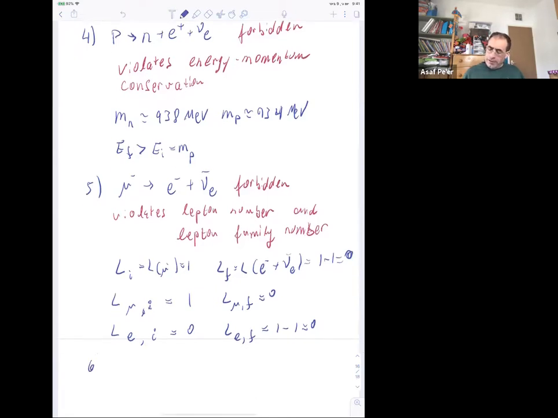What about the muon decaying into an electron plus an electron anti-neutrino plus a muon neutrino? What about this one?